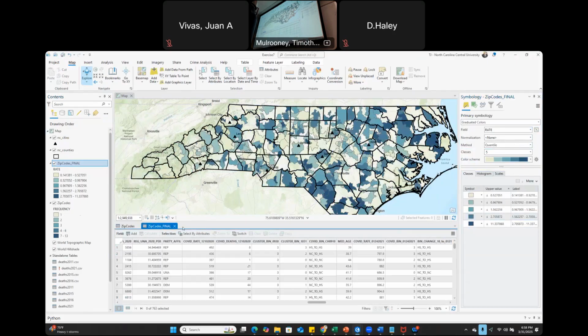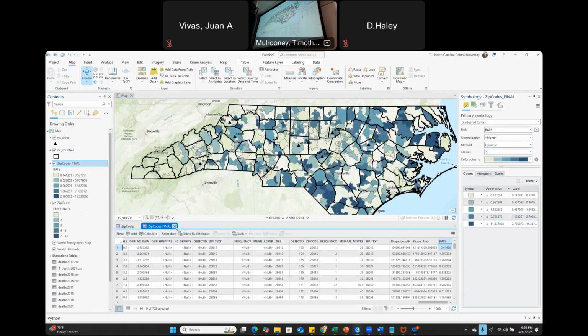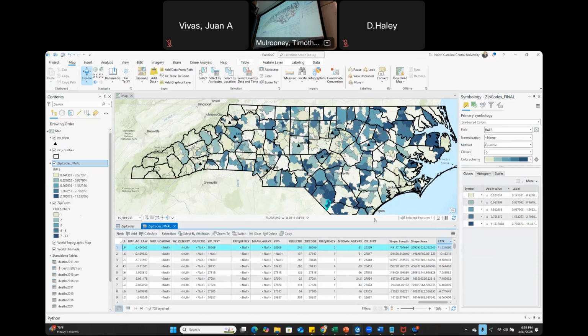Now look at these rates. This zip code right down here, 11.3 people for every 10,000 people. Now there's only 3 of them. What are some caveats that you have here? This might have been a murder-suicide in a house, killed 3 people, that probably wouldn't happen again, but it counts as the highest.